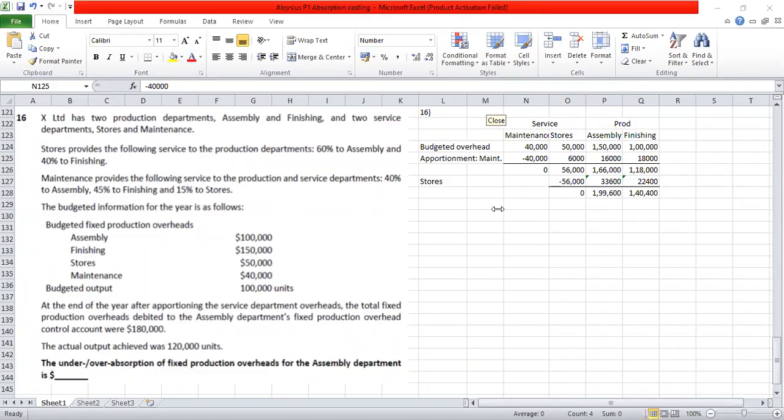Say something. No. Okay, we'll continue with this question tomorrow. And then the tomorrow's class, we will also start the next topic. I think it is activity-based costing. We will start with that also tomorrow.